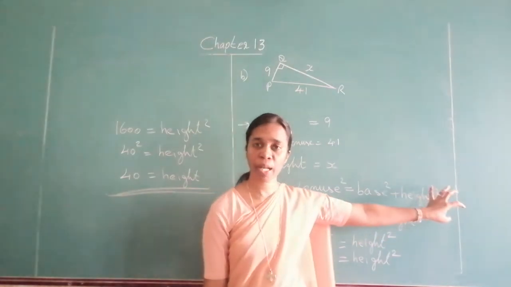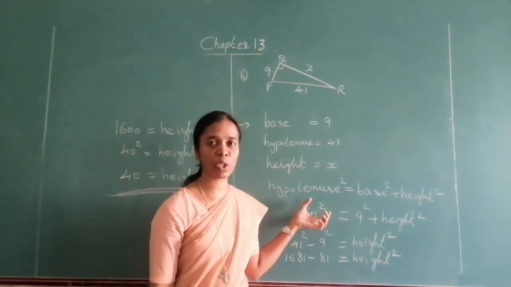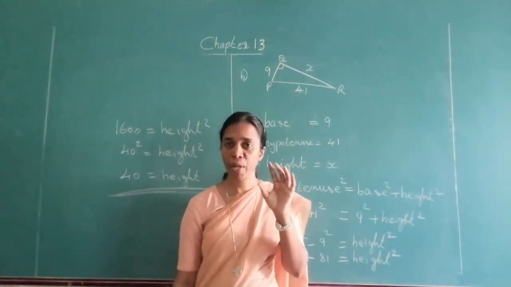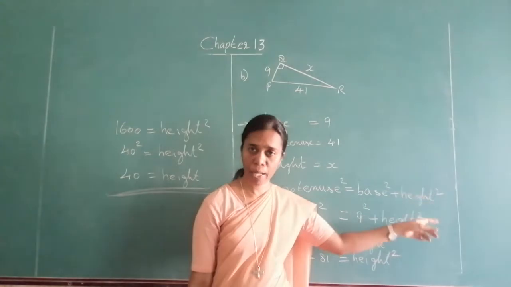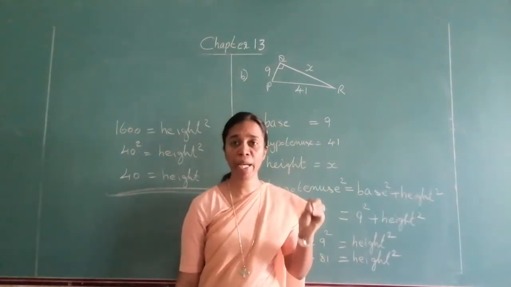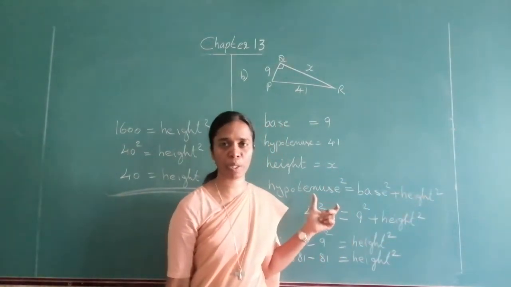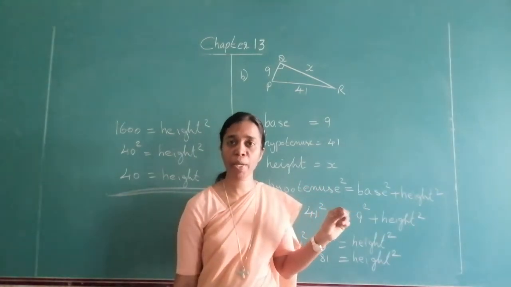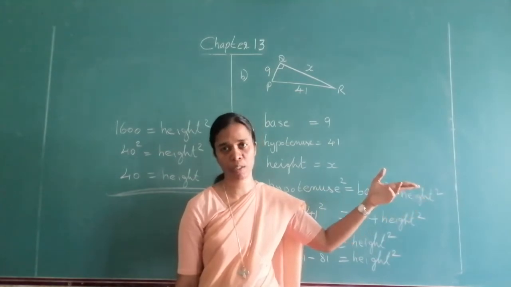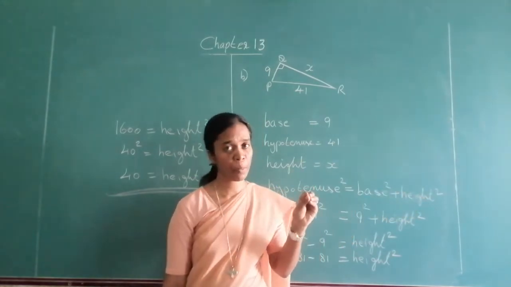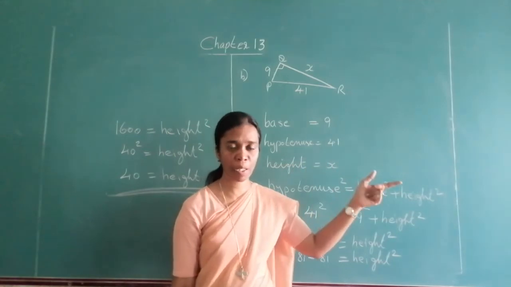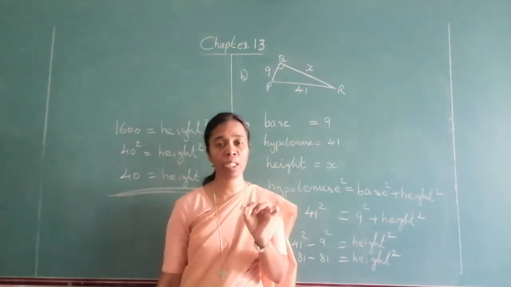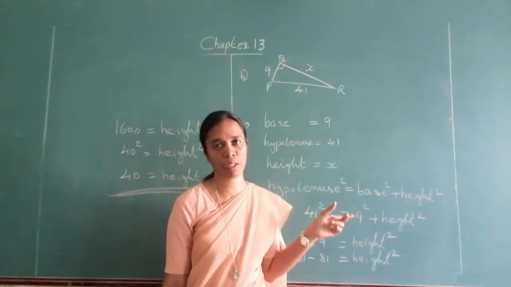If you want to find height, then from hypotenuse square, you minus base square. Remember, to find base or height, you subtract from the hypotenuse square. Hypotenuse square is the longest, therefore you are adding the other two squares. So when finding hypotenuse square, please remember you add base square plus height square. If you have to find base or height, then you subtract from hypotenuse.